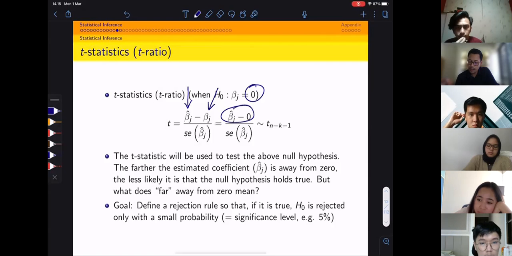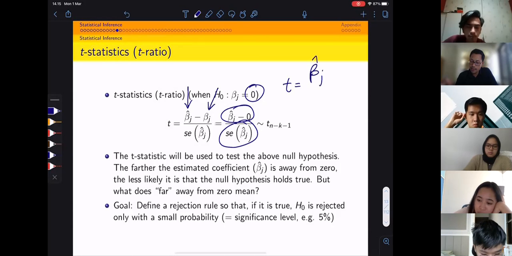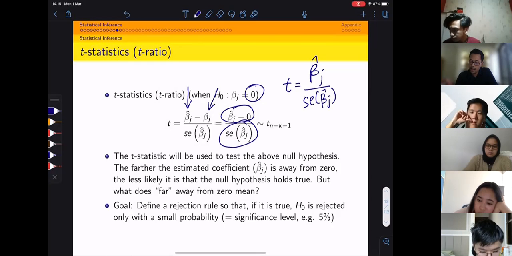So it's basically beta hat j divided by the standard error of beta hat j. The t statistic follows a student t distribution with degrees of freedom n minus k minus 1, and it will be used to test the null hypothesis.